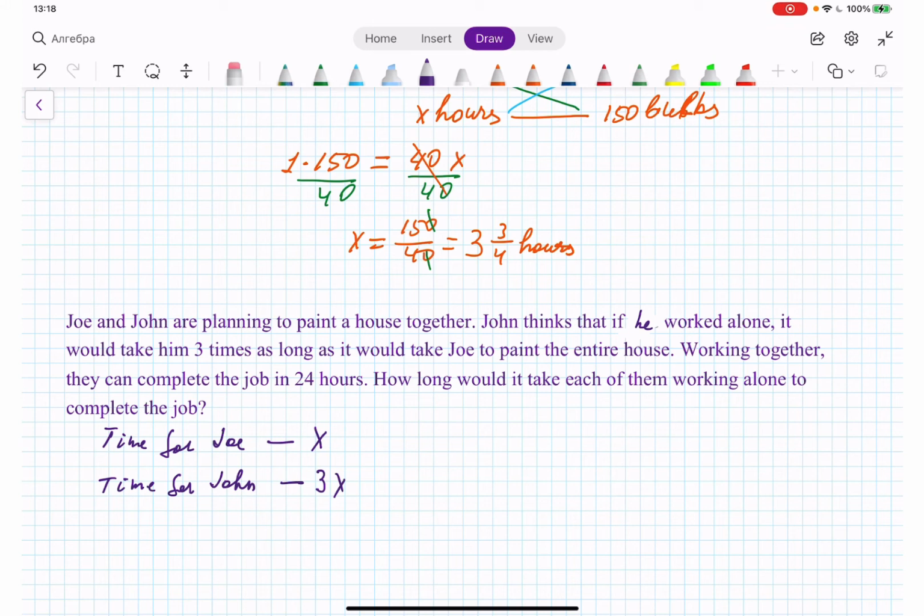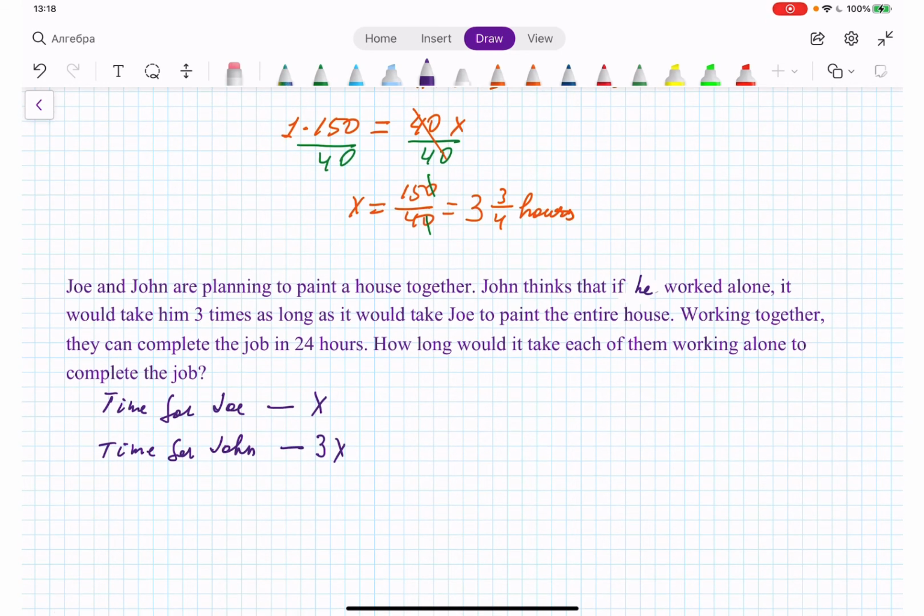What time measurement do they mean? Oh, hours, okay. So working together, they can complete the job in 24 hours. So time together is 24 hours.